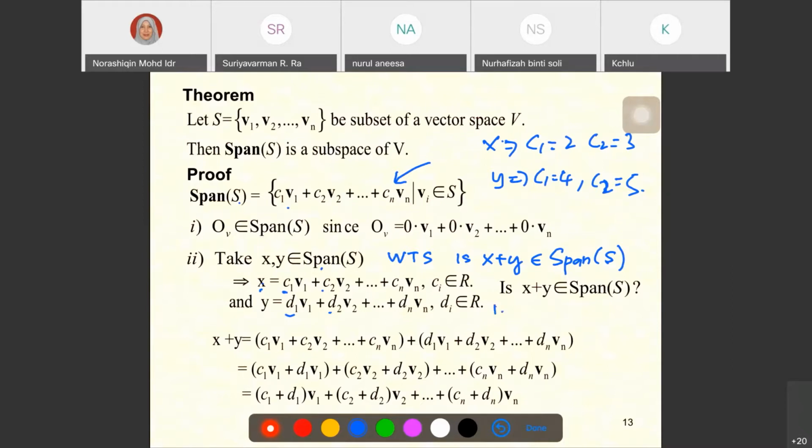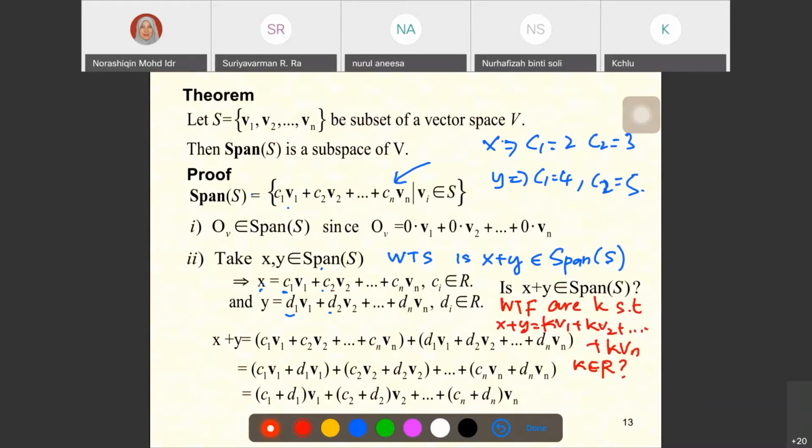In other words, we want to find K such that X plus Y can be written as K1 V1 plus K2 V2 plus and so on plus Kn Vn, where K is in R.